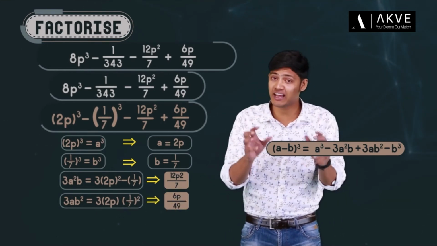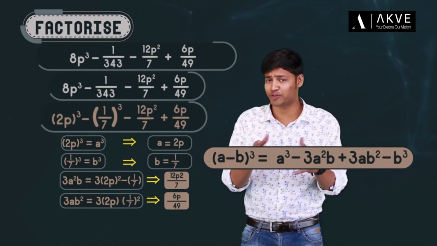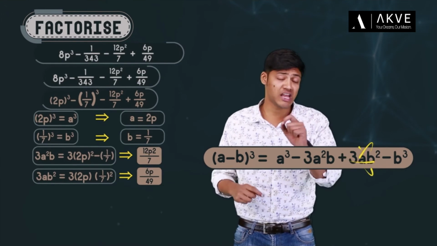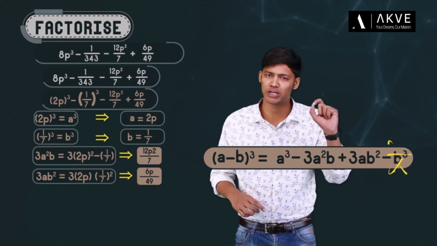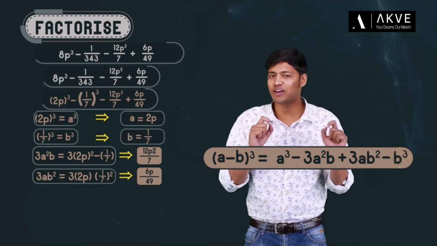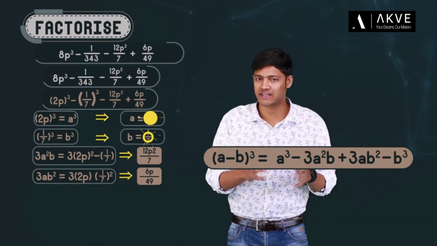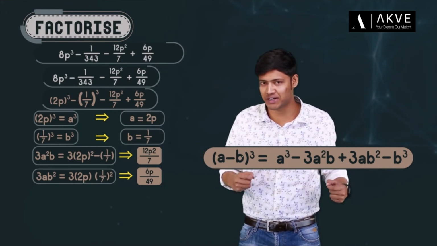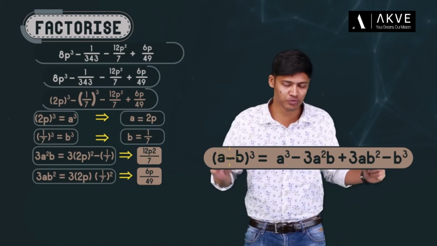So, we can clearly see that our expression is of the form a cubed minus 3a squared b plus 3ab squared minus b cubed, with the values of a and b being equal to 2p and 1 by 7 respectively. Now we know that the identity is nothing but a minus b whole cubed.